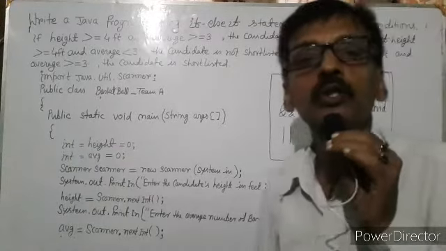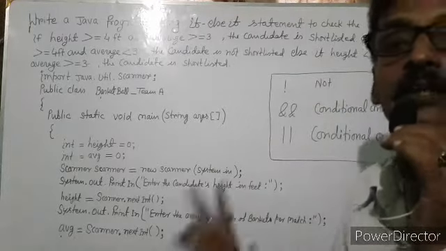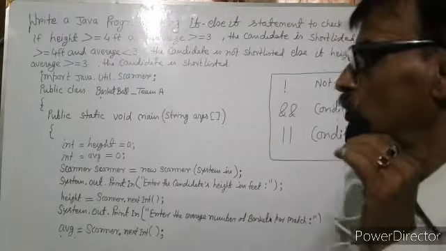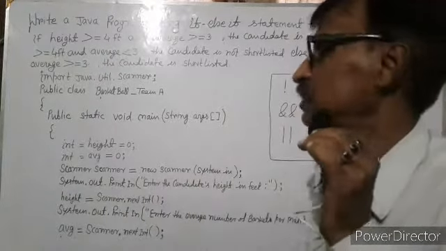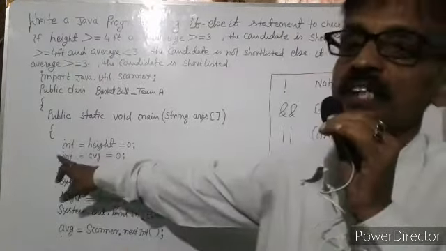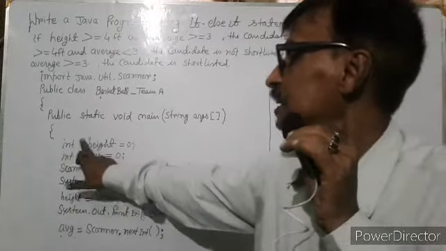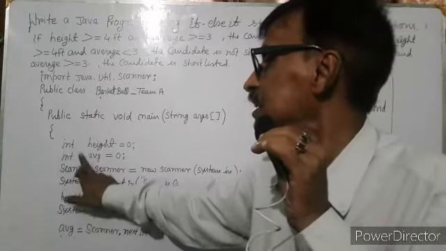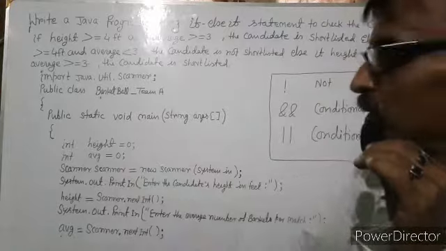Here there are two variables, one height and another average. We can take both in the integer category. So we write here int height equals 0 semicolon.